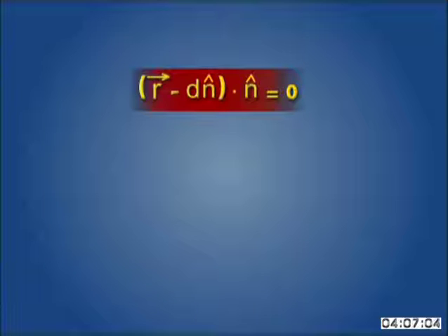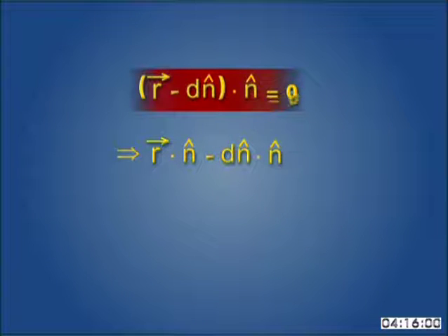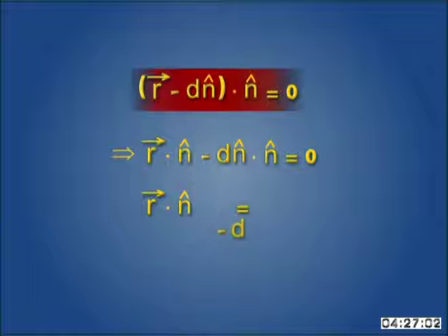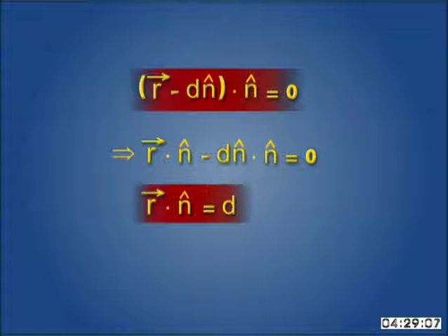Because D could not be 0, this further implies that vector R dot unit vector n cap minus D into unit vector n cap dot unit vector n cap is equal to 0, which implies that vector R dot unit vector n cap is equal to D, since scalar product of unit vector n cap to itself is equal to 1.